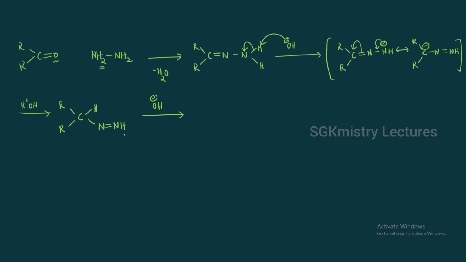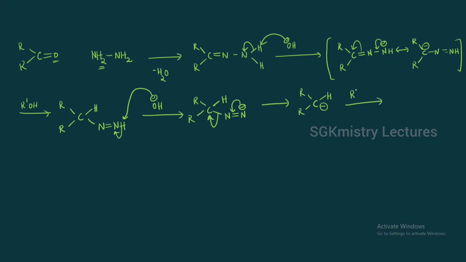See, this hydrogen will be abstracted by the base. So R and R, so H here, so N double bond N. So here there will be a minus charge because the hydrogen is abstracted. So this bond shifts to the nitrogen. So that's why you get the negative charge here on nitrogen. Now this can shift here, and here this bond can shift back to the carbon so that you get R, R, here H and minus charge.